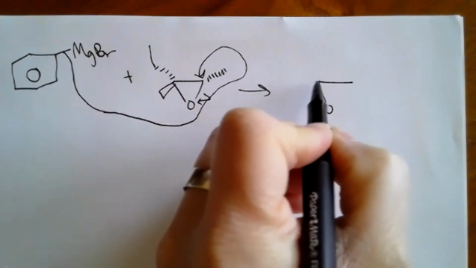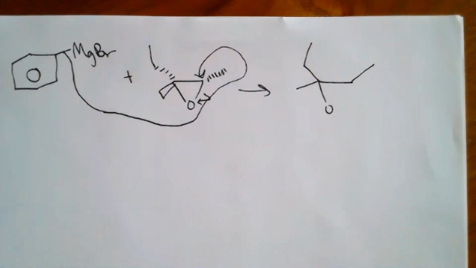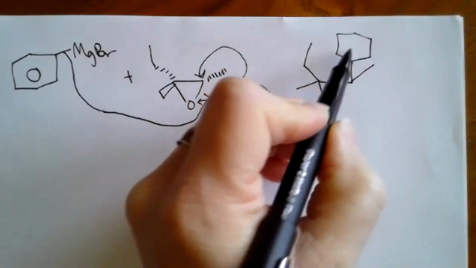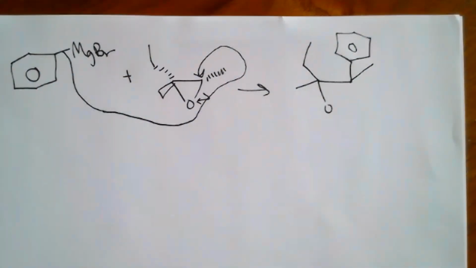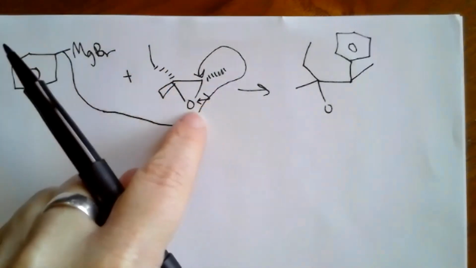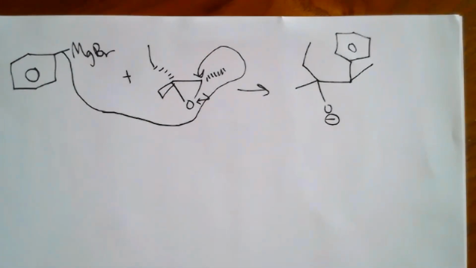I'm going to keep everything drawn in the same orientation in general, and I'm going to draw my Grignard thing that attacked pointed up because I'm going to say it's attacking from the top side while you're letting go of the oxygen on the bottom side. And I get this.